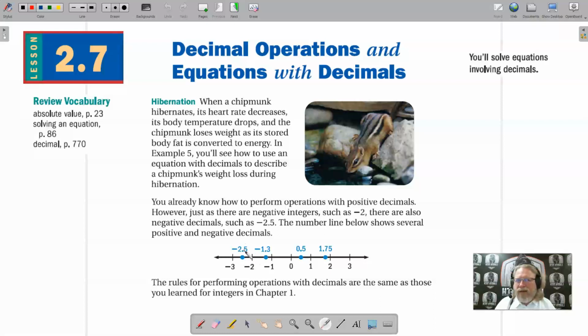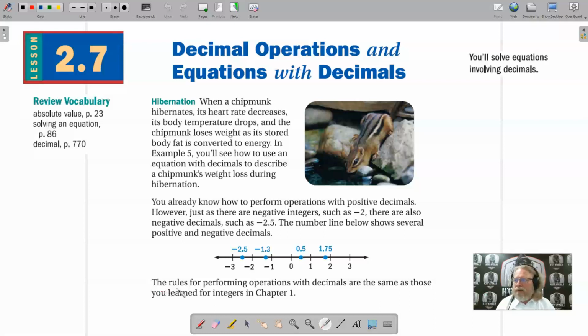Well, its absolute value is increasing because it's getting further from 0, but actually its value is becoming less and less as we move to the left on the number line. So the point is to understand that we have negative decimal numbers just as there are positive decimal numbers.